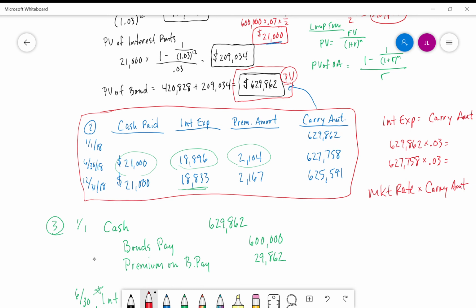That gives us our interest expense per period. The difference between the two is the premium amortized. If this bond had been issued at a discount, this would be the discount amortized. The carrying amount would be lower than the face amount, and we would build up the carrying amount to a point where we hit the face amount of the bond.